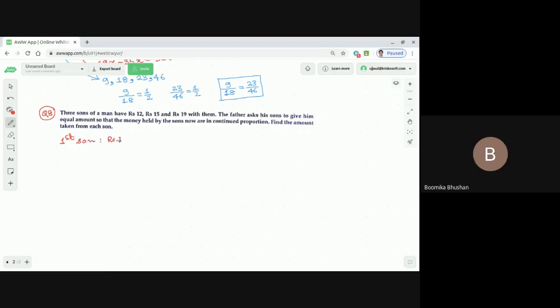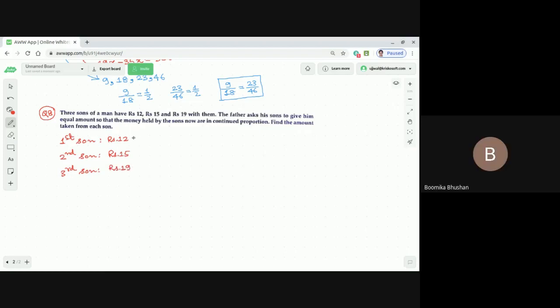Rupees 12. Correct. Second son, rupees 15 initially. And third son is having rupees 19 initially, correct?